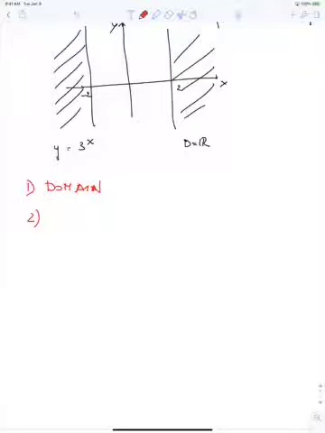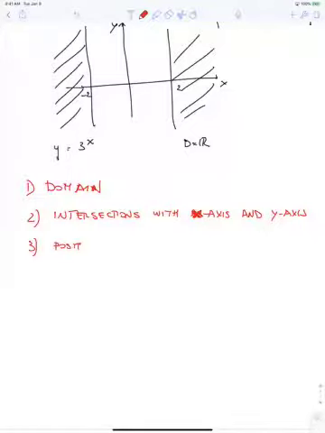It's important to study the intersections with the axis. So if we have a function here, we look at the intersections with the x-axis and y-axis. It's important to study where the function is positive or negative.